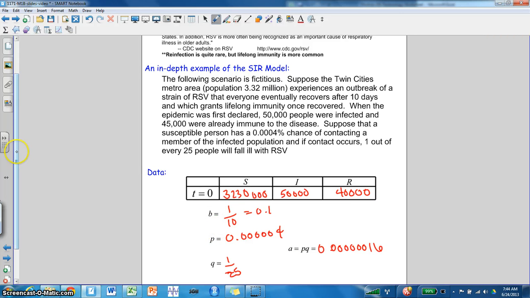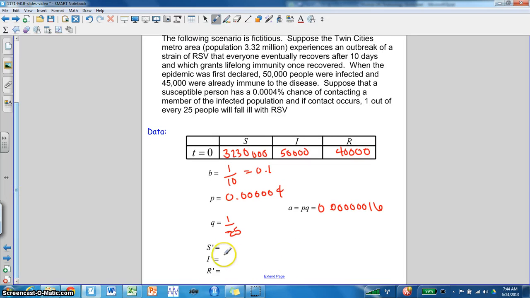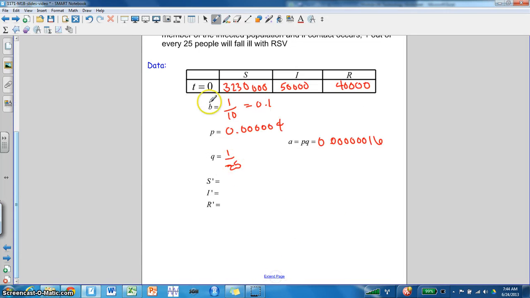Okay, so then we can write out the rate equations. S prime, remember, was negative ASI, so this is negative 0.0000016 SI.